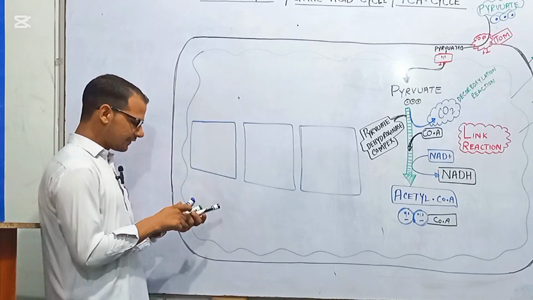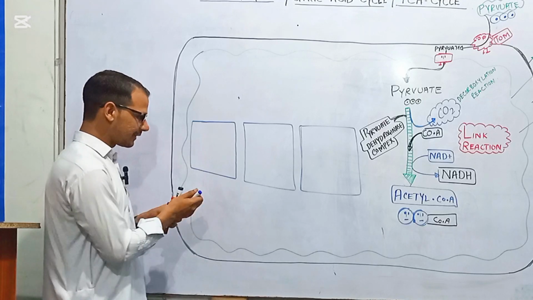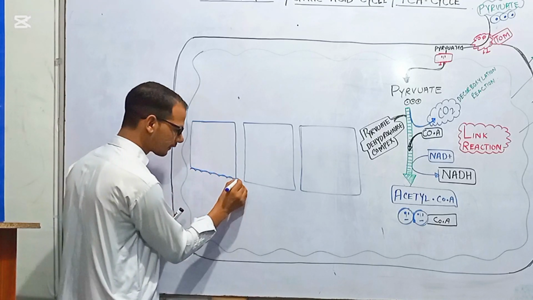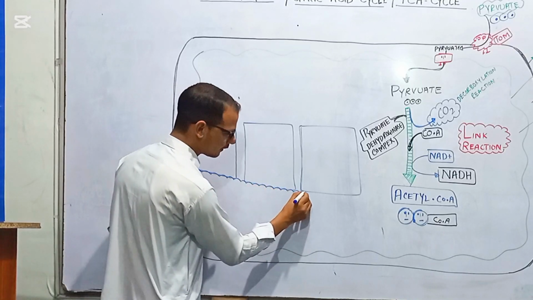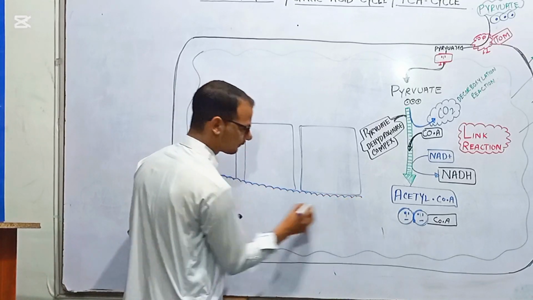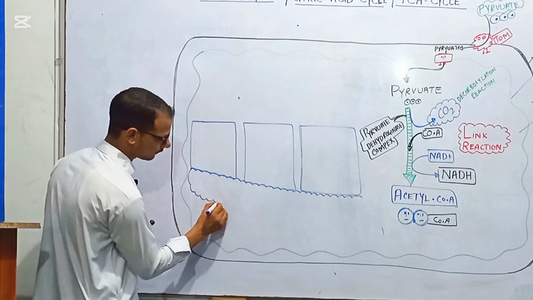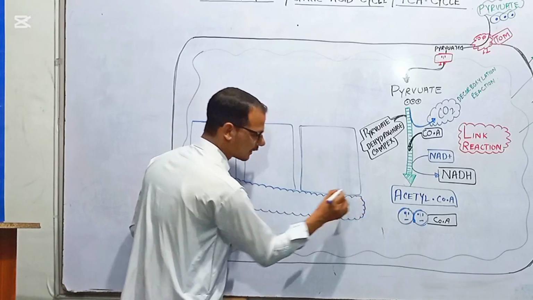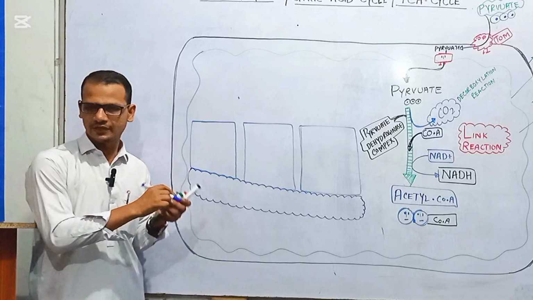And all these complexes, or all these enzymes, are working together. So that's why this enzyme is called pyruvate dehydrogenase complex.